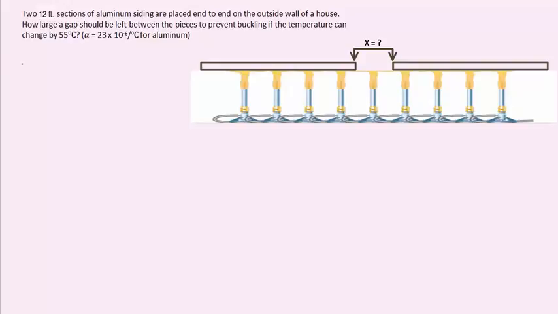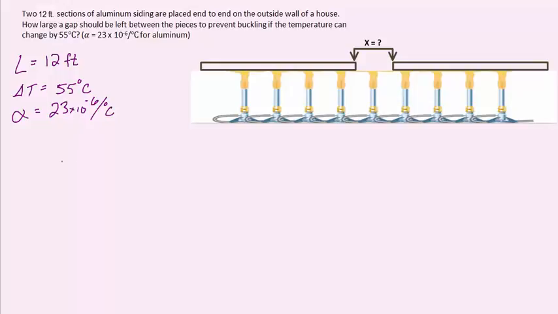If we summarize the information we're given, the length of the aluminum is 12 feet long, our change in temperature will be a change of 55 degrees Celsius, and our coefficient of linear expansion is given to us to be 23 times 10 to the negative 6 per Celsius degrees.